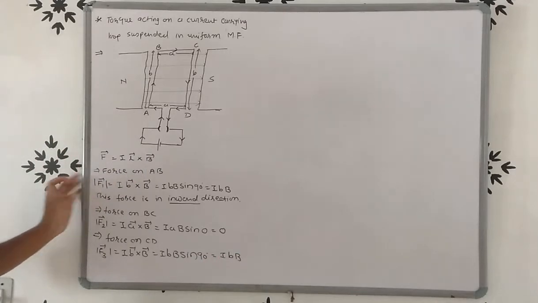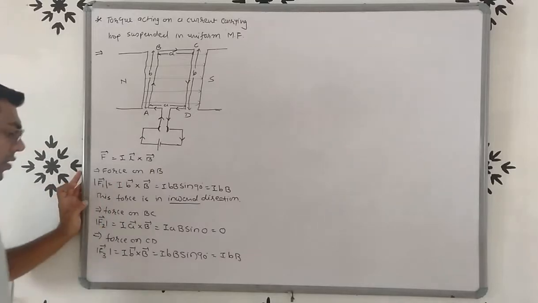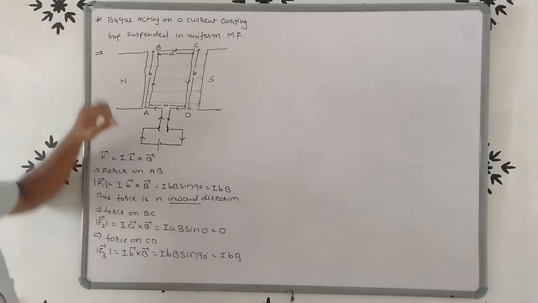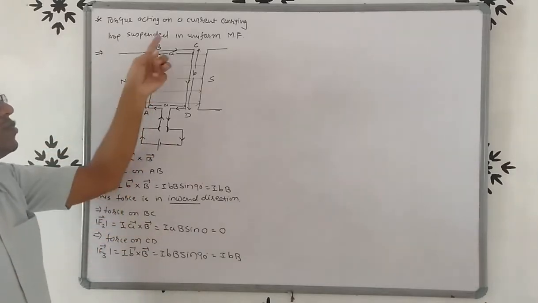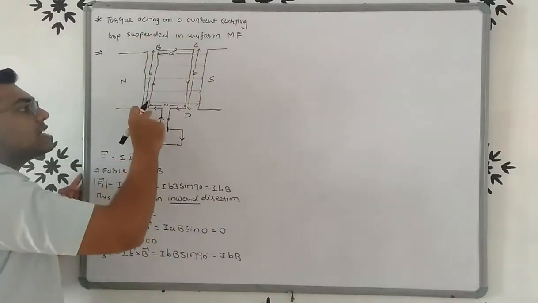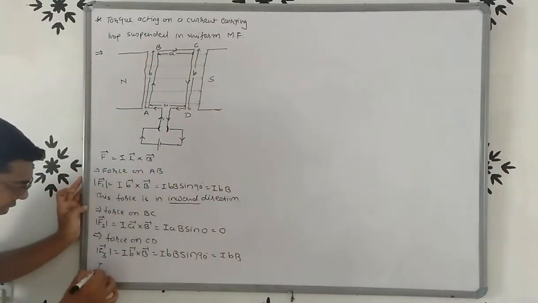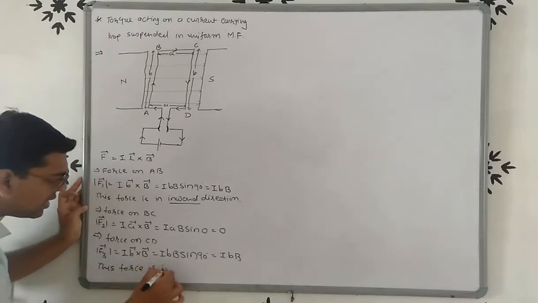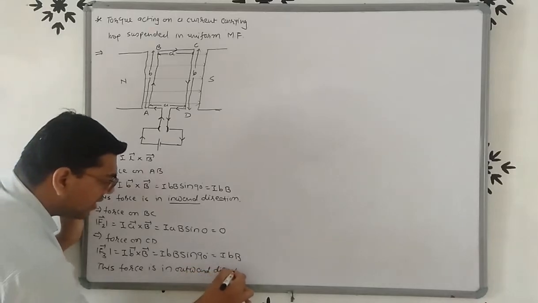But here friends, the direction of force on CD. Now see here, the direction of force for AB is in inward direction, where the direction of current is from A to B. Now here the direction of current is opposite as compared to A to B. So this force is in outward direction, right?